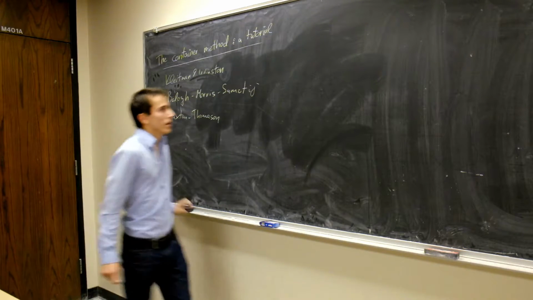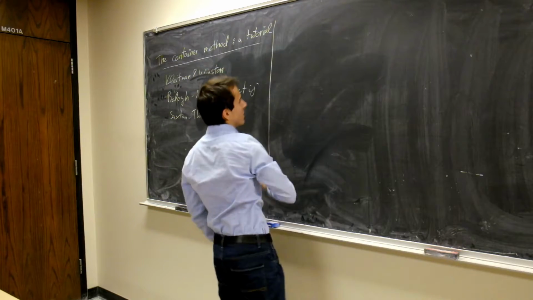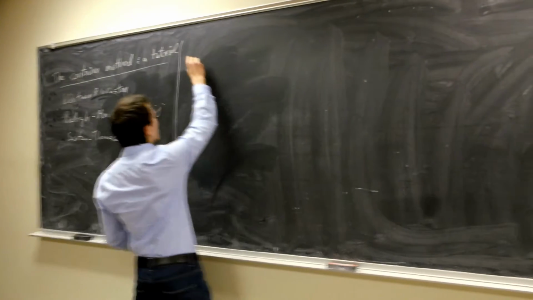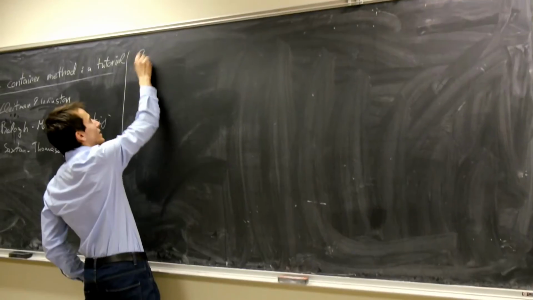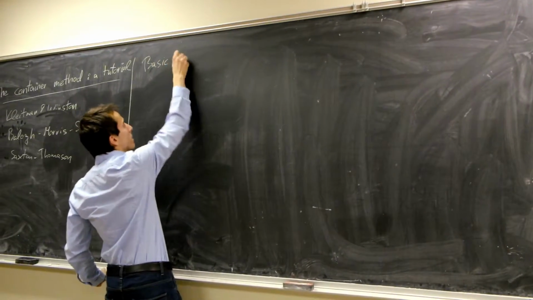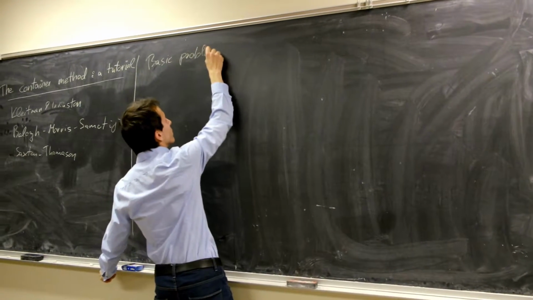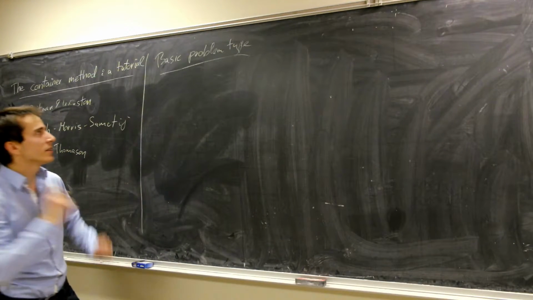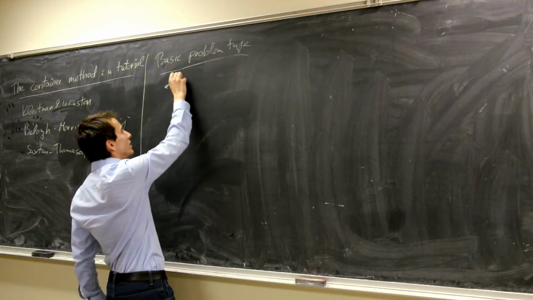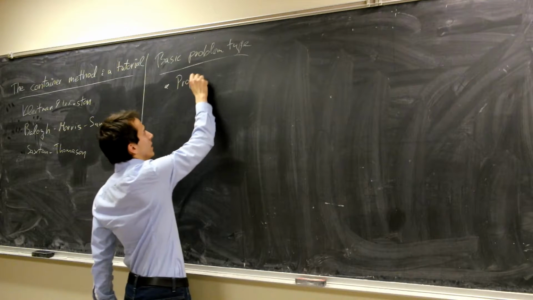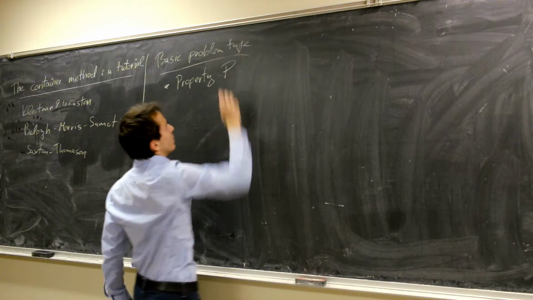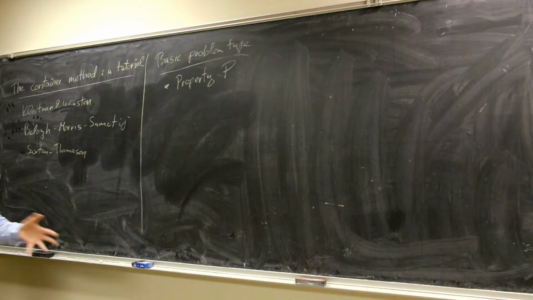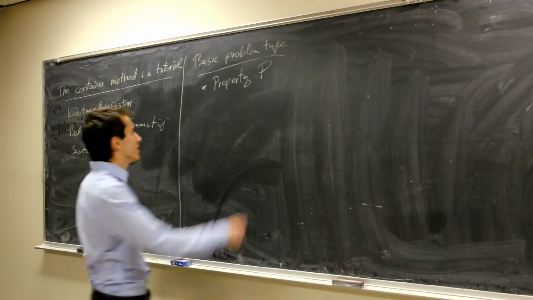Okay, so what are the types of problems that you can solve with the container method? What is the basic problem type? The first ingredient you need for such a problem is a property that you're interested in, property P. That could be a set property, a graph property, a property of families in the Boolean lattice, whatever property you want.